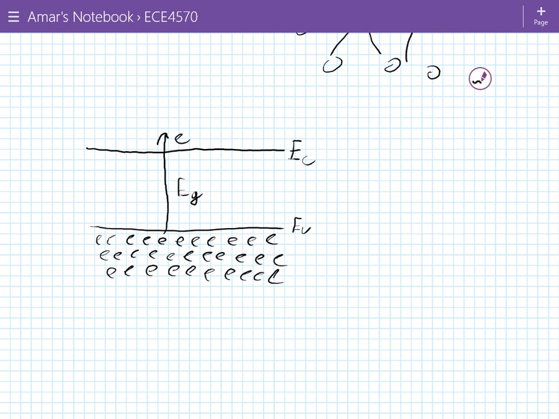And so what will happen there is that this leaves you with an electron up in the conduction band, and it leaves you with an empty state in the valence band. We refer to this as just electron, and we refer to this guy, the empty state there, we call that a hole.